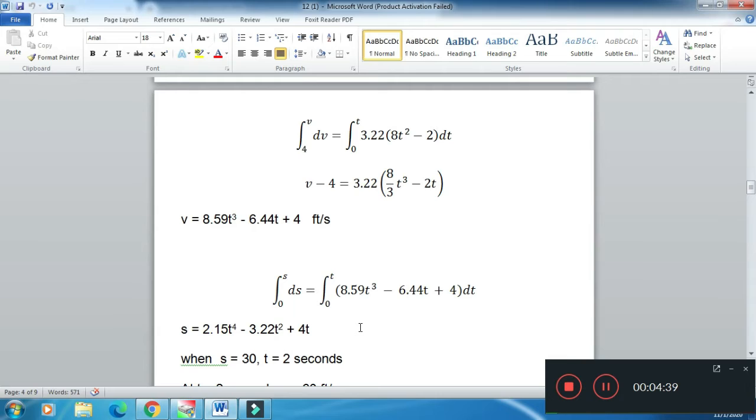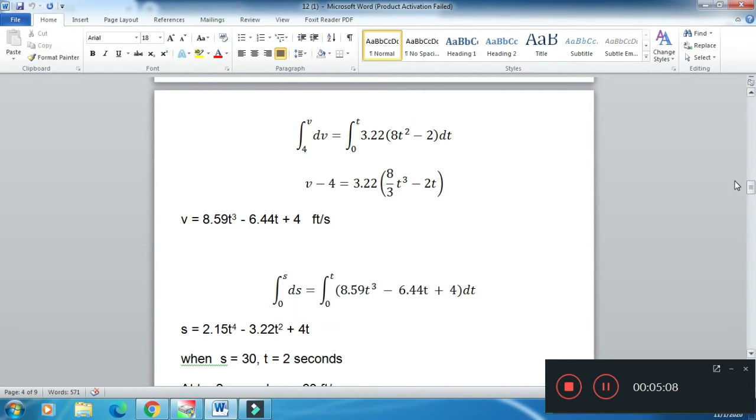The value of s is given, it is 30. So we have to solve this equation. After solving, we will get time equal to 2 seconds. Now this equation cannot be solved in a simple manner, so we can use a calculator which can solve this equation and get the real value of time.